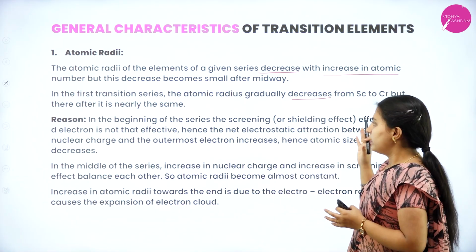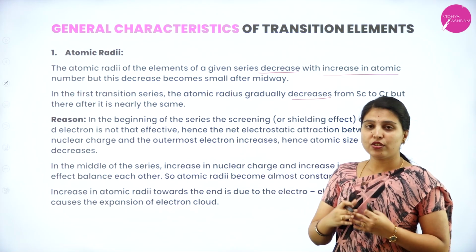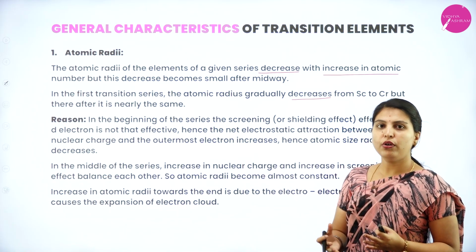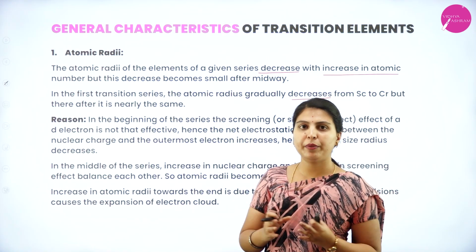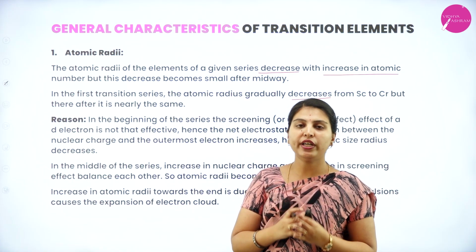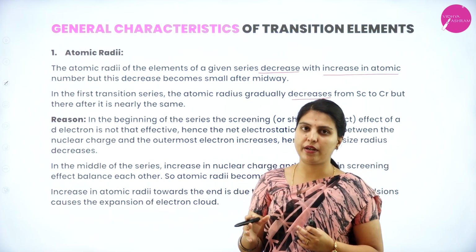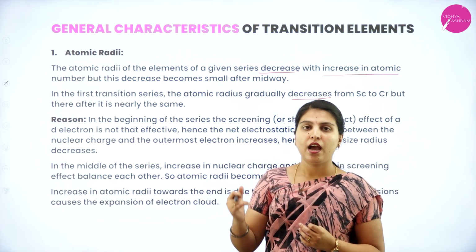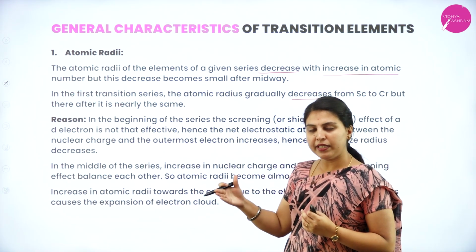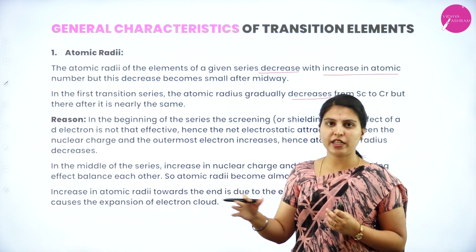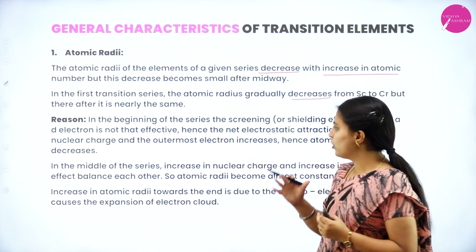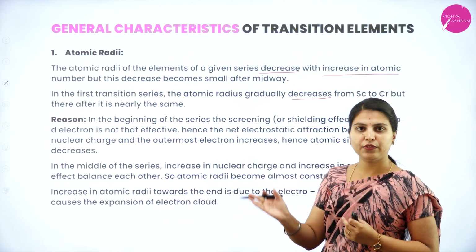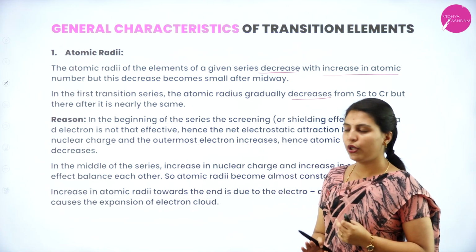In the beginning, the shielding effect of the d electron is not that effective, so the nuclear charge and the outermost electron have a strong electrostatic force of attraction. So it keeps on decreasing. After some time, it starts showing the screening effect more, so it does not decrease as we have seen from scandium to chromium.